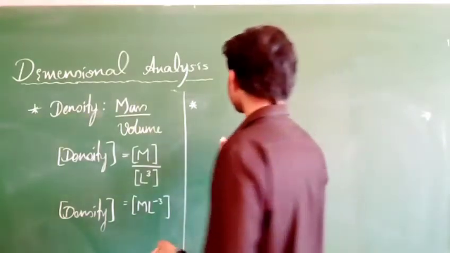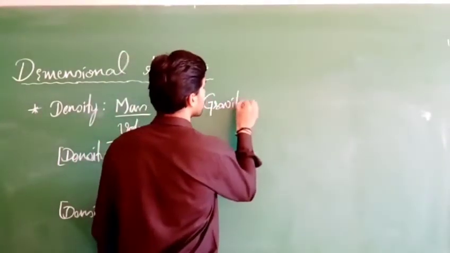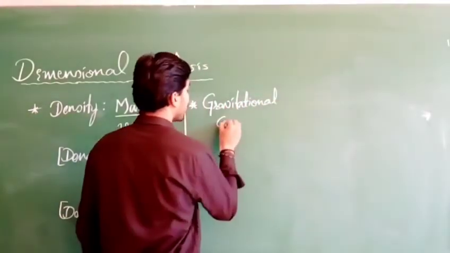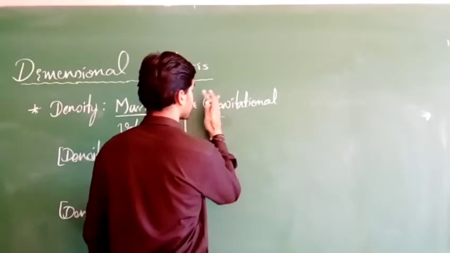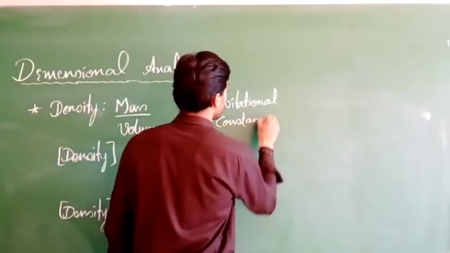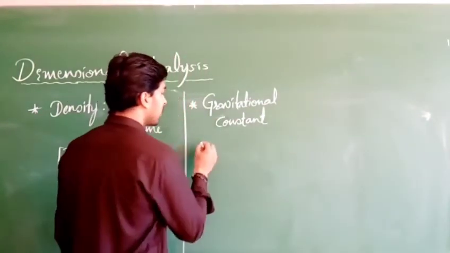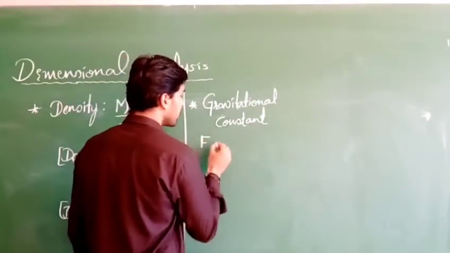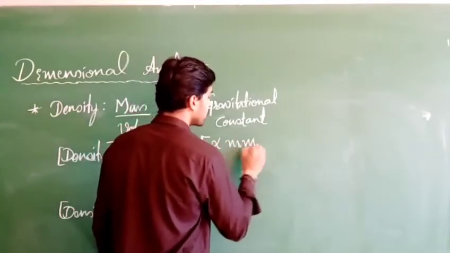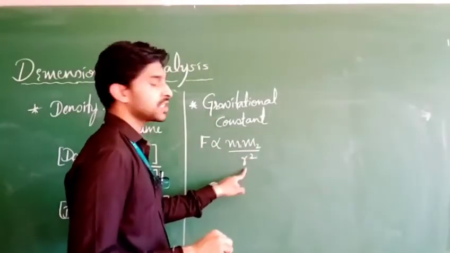That means, for the gravitational constant, we are going to calculate the dimensional formula. Now listen, according to Newton, F is directly proportional to the product of masses m1, m2 and inversely proportional to the square of the distance between them.